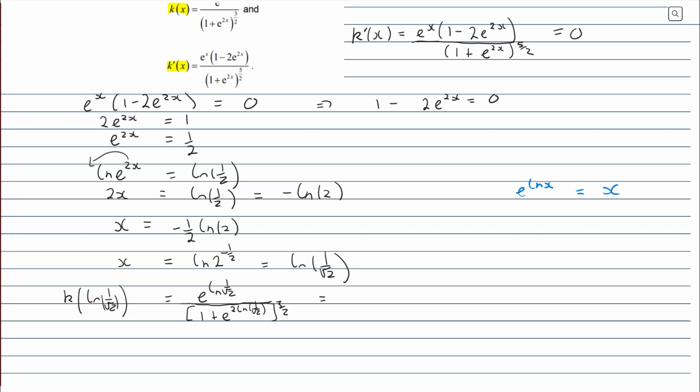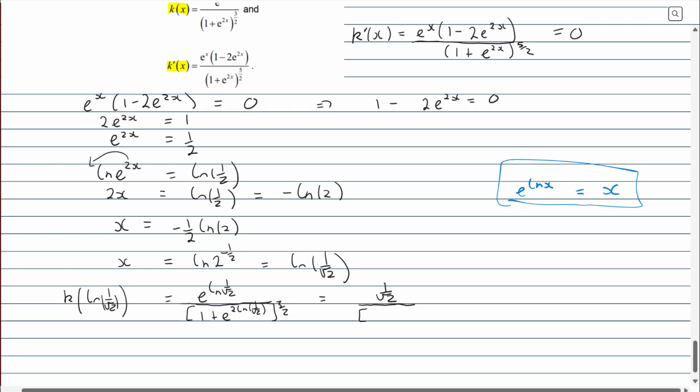Okay, so that's a good identity to remember if you have forgotten it. Okay, so going on, then we have e to the ln 1 over root 2 is just going to be 1 over root 2. And again, I'll just write this out for clarity in the bottom because we're asked to show that.